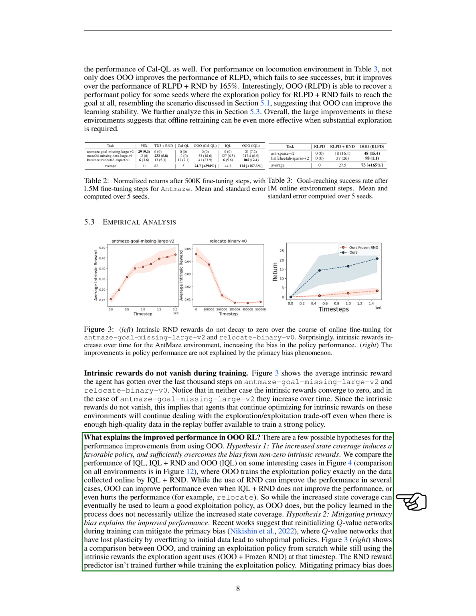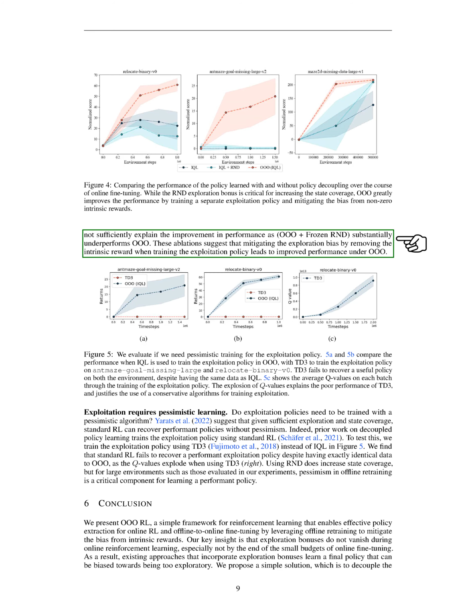However, our comparison between OO and training an exploitation policy from scratch while still using the intrinsic rewards the exploration agent uses, OO plus frozen RND, at that time step shows that mitigating primacy bias does not sufficiently explain the improvement in performance. In fact, OO plus frozen RND performs significantly worse than OO. This suggests that the improved performance under OO is due to mitigating the exploration bias by removing the intrinsic reward when training the exploitation policy.